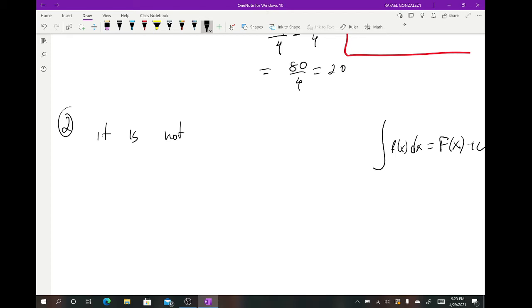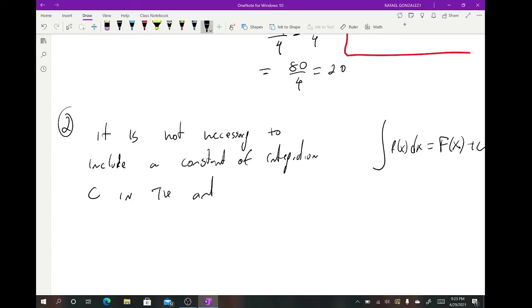So it is not necessary to include a constant of integration c in the antiderivative, because of the following.